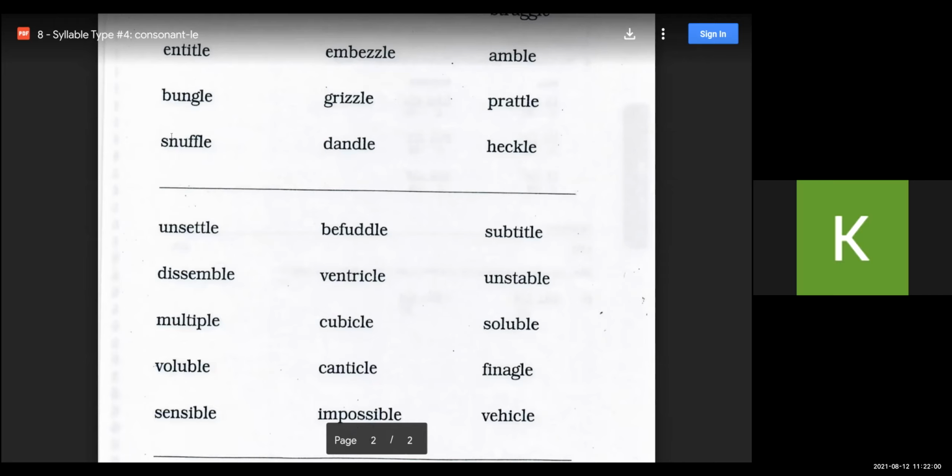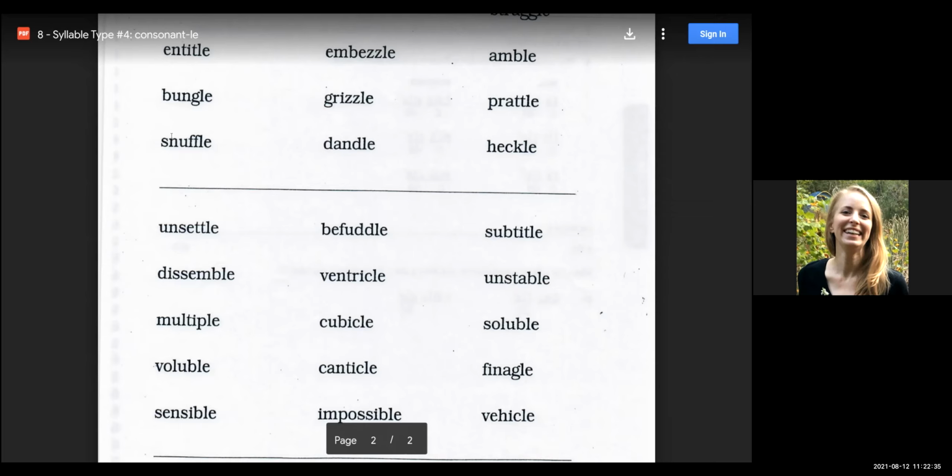Unsettle, dissemble, multiple, voluble, sensible, befuddle, ventricle, cubicle, canticle, impossible, subtitle, unstable, soluble, finagle, vehicle.